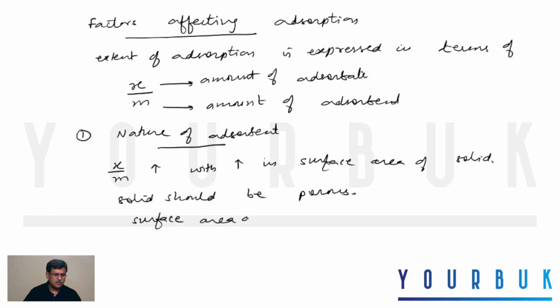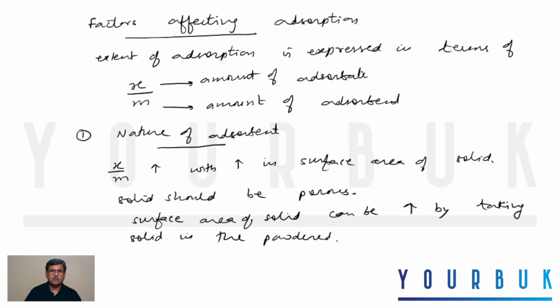Surface area of a solid can be increased by taking the solid in powder form. That's why powdered charcoal is very, very effective in adsorption of gas molecules on its surface.